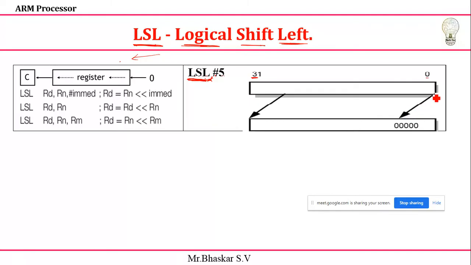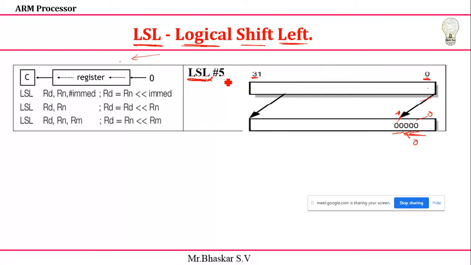For example, the 0th bit value will come to the fourth bit. On the left side, you add 5 zeros: 0, 1, 2, 3, 4, so the 0th bit, first, second, third, fourth. So the value at bit 0 will come here, and the left side is filled with zeros.